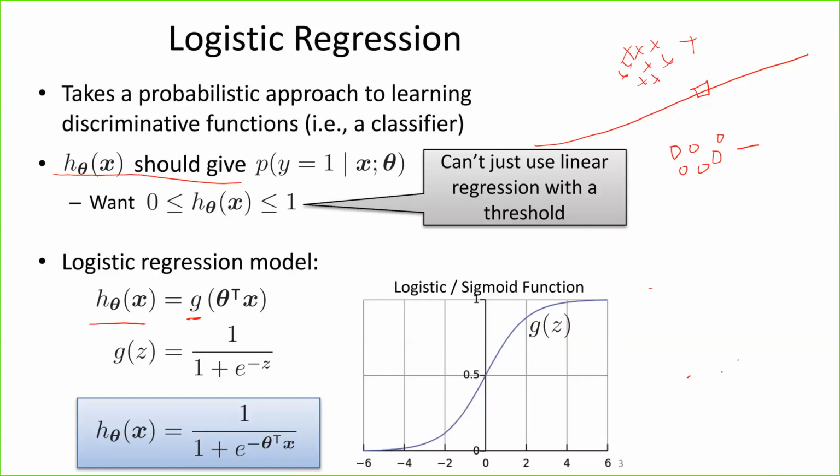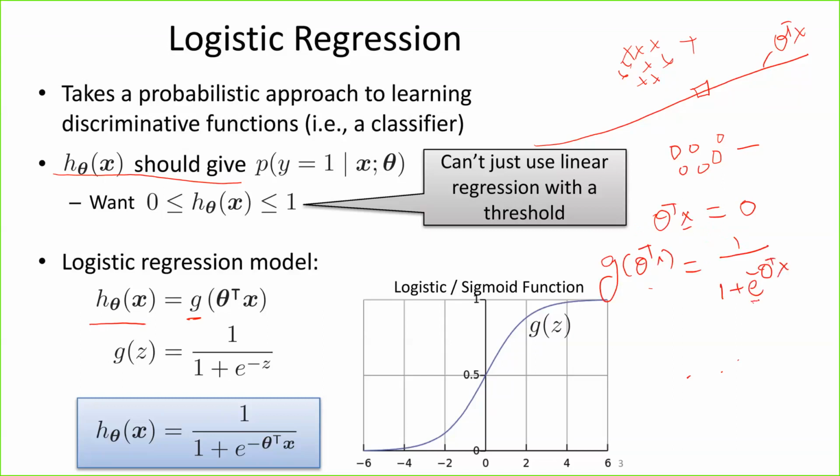So what do you expect as the probability of y equivalent to 1 in this case? The line equation is theta transpose x, right? So if the point is on the line, it means theta transpose x is equivalent to 0. So theta transpose x equivalent to 0. What is sigmoid of theta transpose x? 1 by 1 plus e to the power minus theta transpose x.